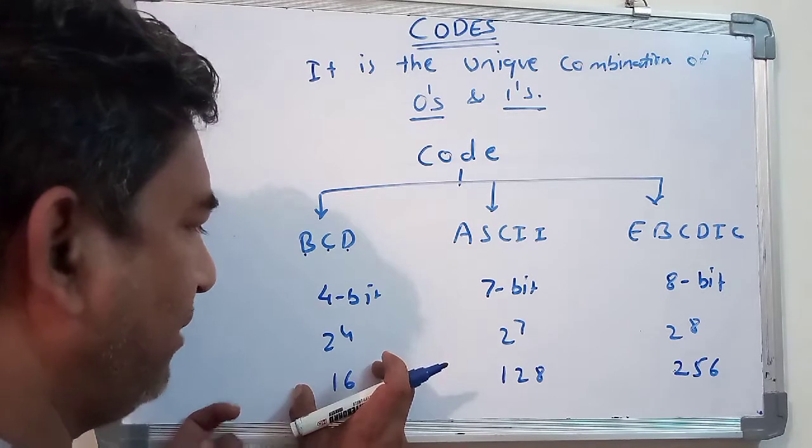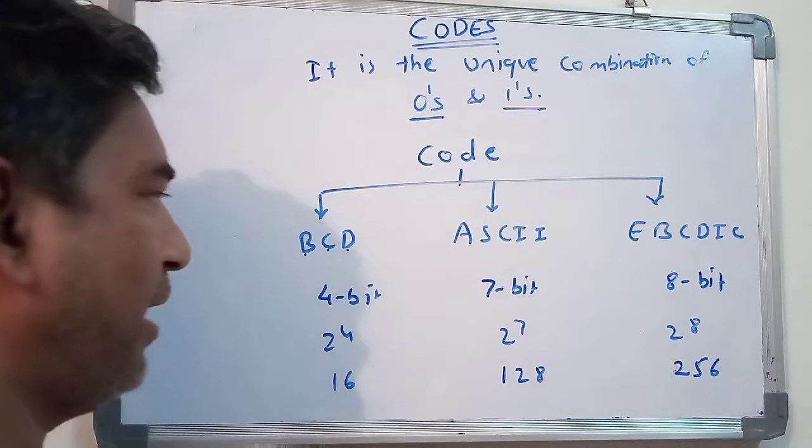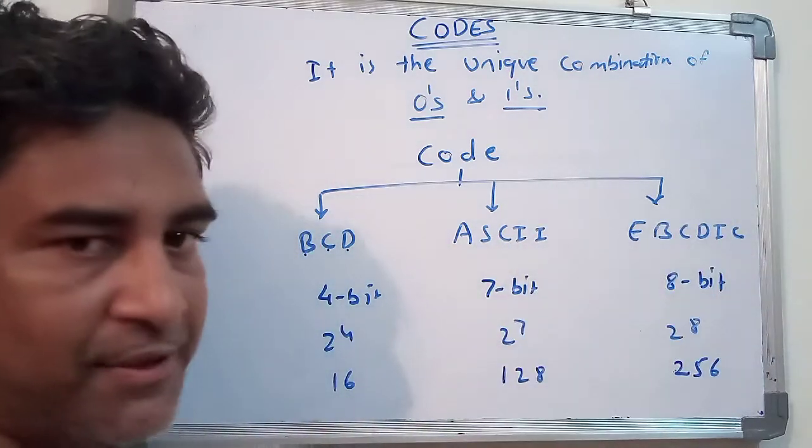So from these numbers we have BCD, ASCII and EBCDIC.